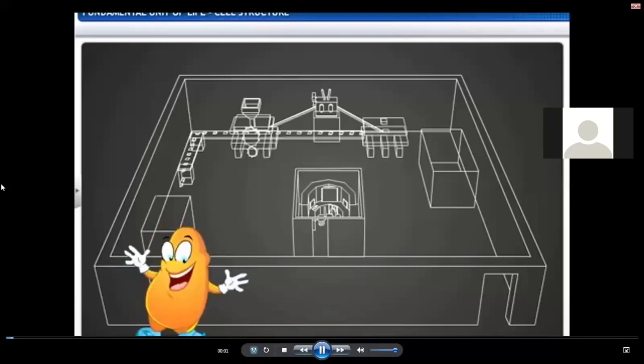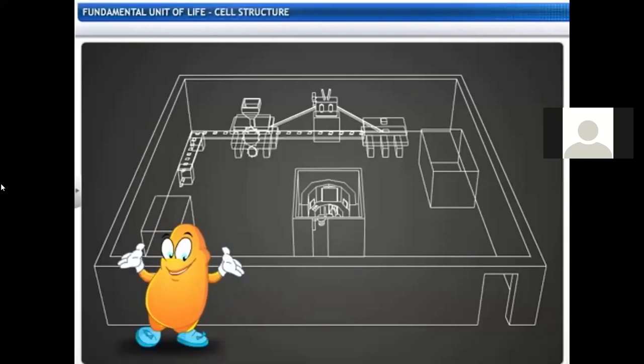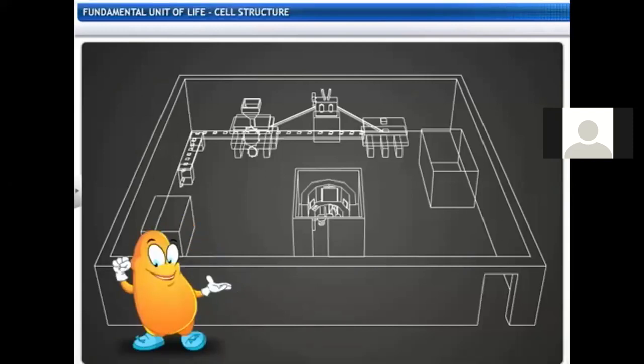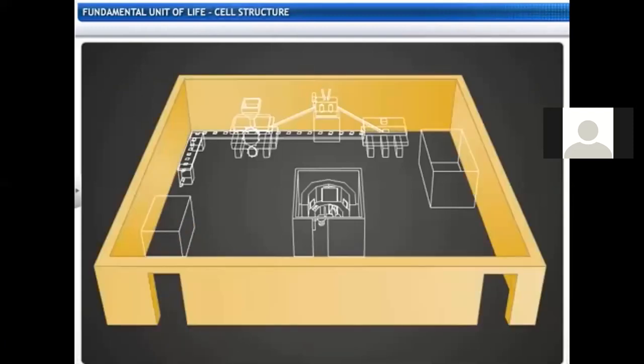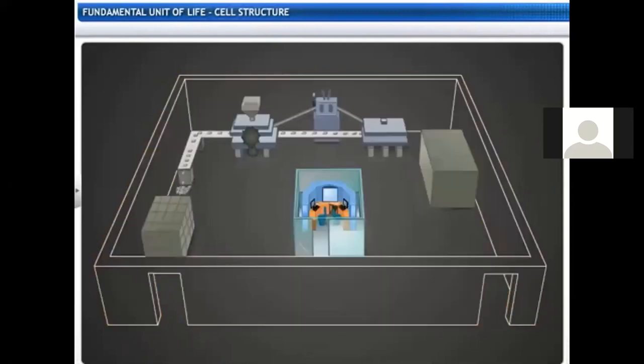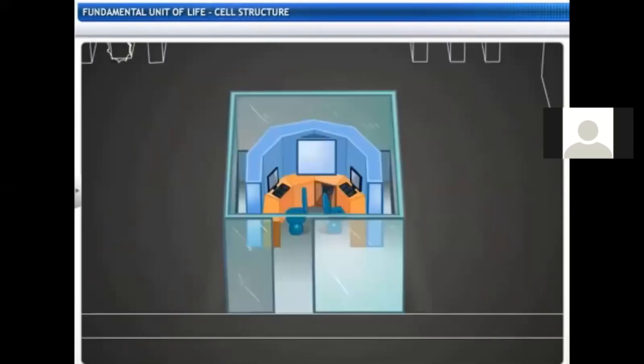Welcome to a guided tour of a factory. In this tour, you will explore the factory and find out how it works. This is the protective boundary wall of the factory. As you move in, you find yourself in the main work area. That's the control room.